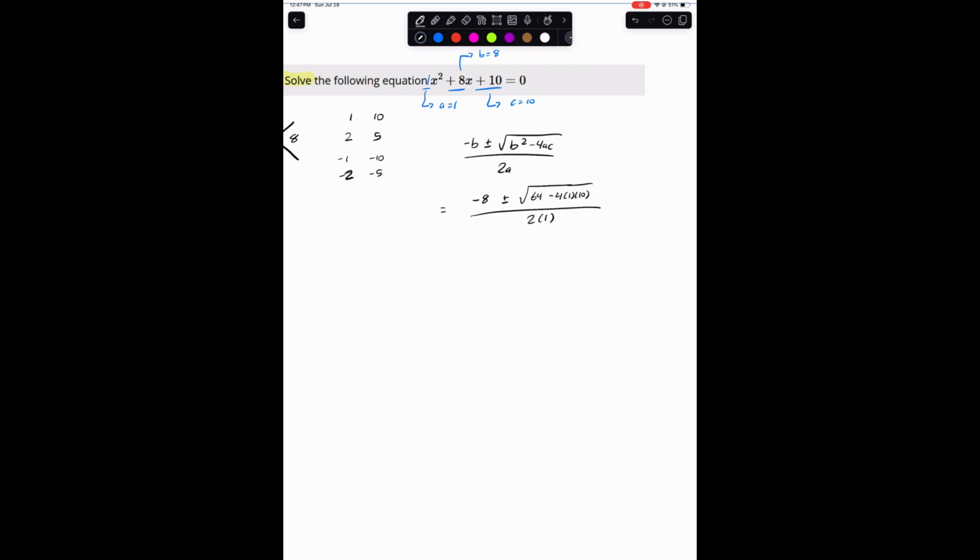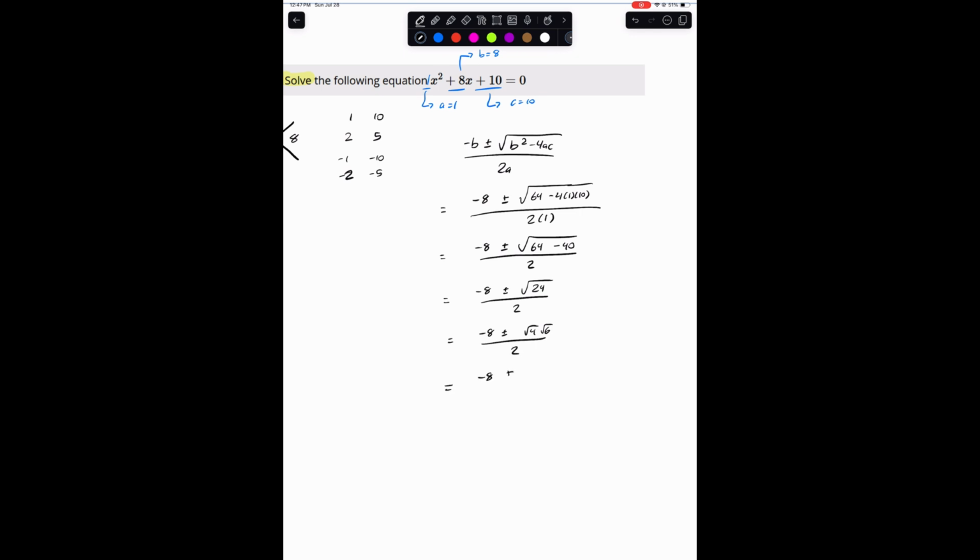I'm going to write the 1 here. This is negative 8 plus or minus the square root of 64 minus 40, over 2. Negative 8 plus or minus the square root of 24, over 2. This is negative 8 plus or minus square root 4, square root 6, over 2.